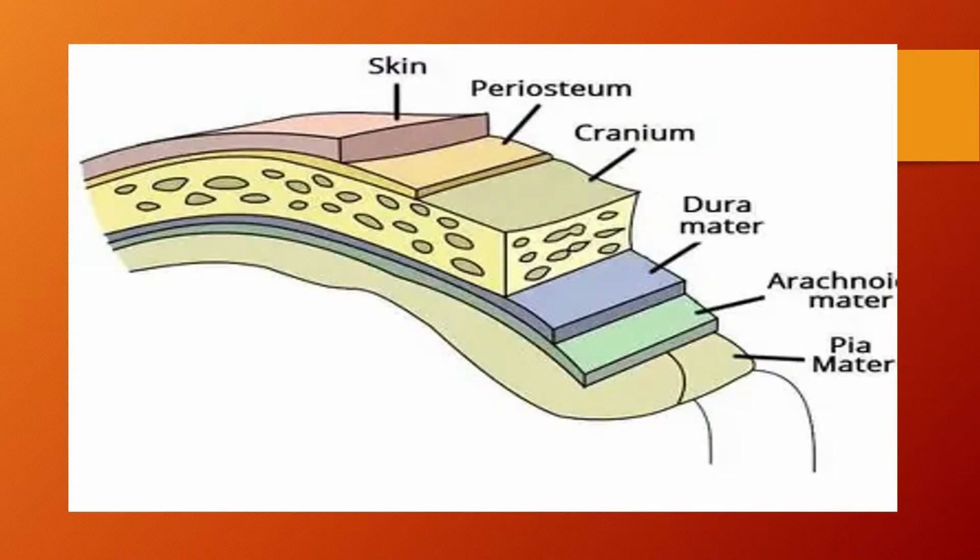You have the skin, the periosteum, the cranium, which is basically the bone, and then just underneath the skull cap you'll have the dura mater, the arachnoid mater, and the pia mater. These are all very important structures for what we're going to discuss this evening. Let's have the next slide.